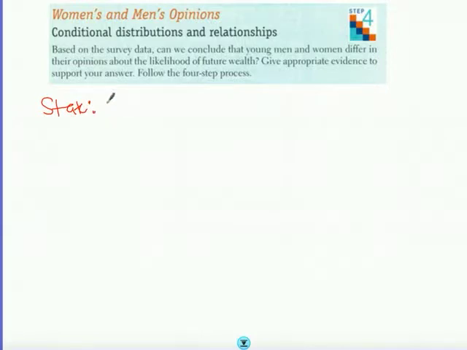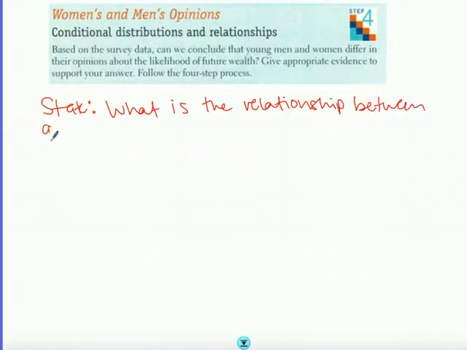When you state your question, it is, what is the relationship between gender and responses to the question?